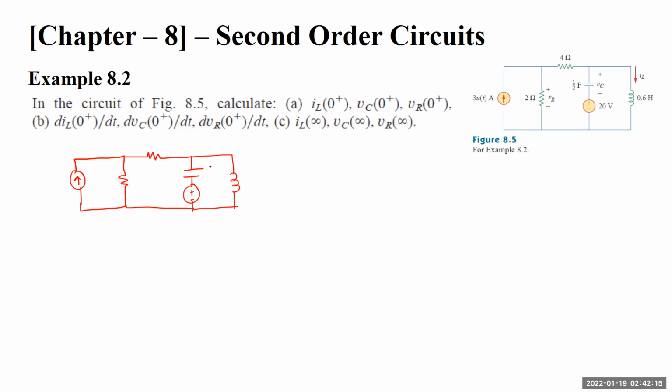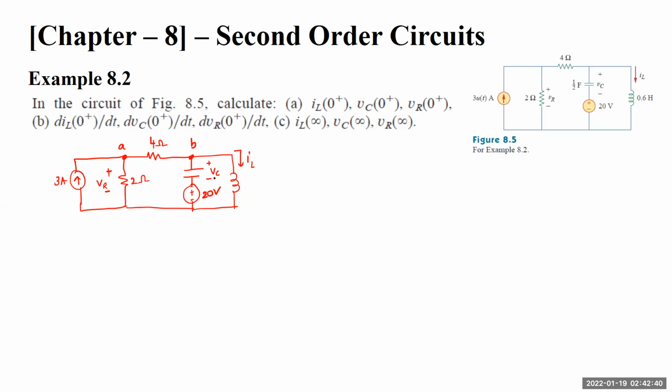This is plus minus VC, this is IL, this is 4 ohms, this is 2 ohms, this is 3 amperes, this is plus minus VR. Let me call it node A and let me call it node B. This is 20 volts. Okay.